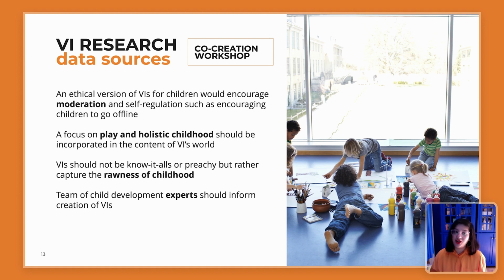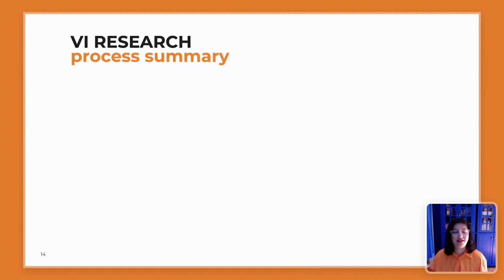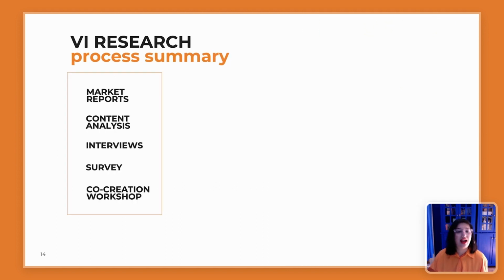And another value from the parents that they cared about was to have experts informing the development of VIs so that they can rest assured that the content, the entire production process, whatever ideas the VI is sharing are all ethical.